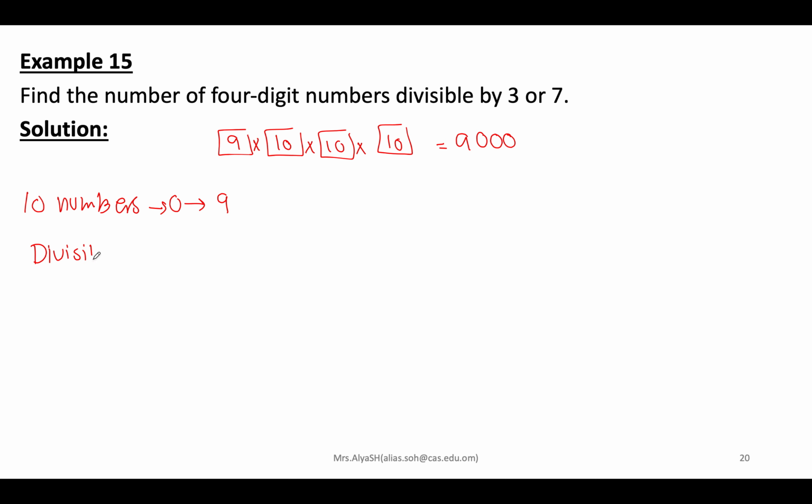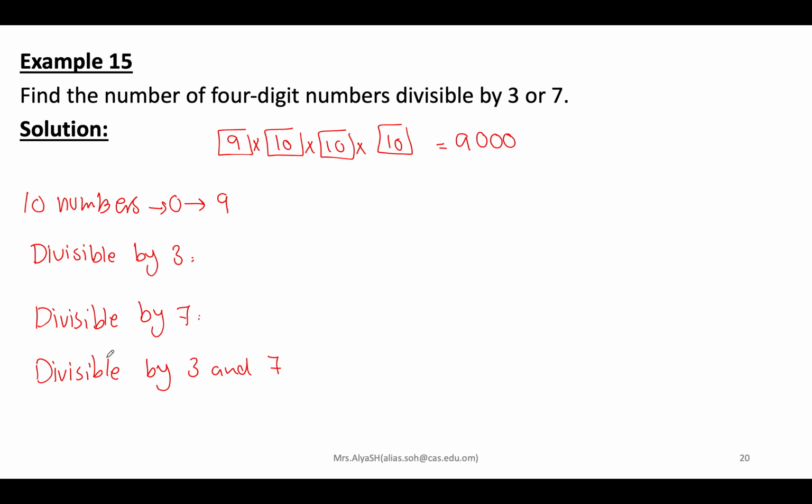Now I need to find the numbers that are divisible by 3, the numbers that are divisible by 7, and the numbers that are divisible by 3 and 7.